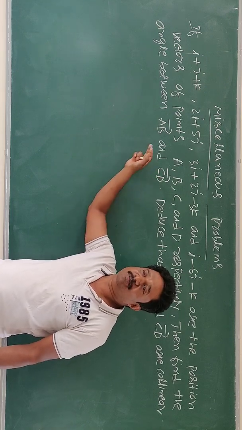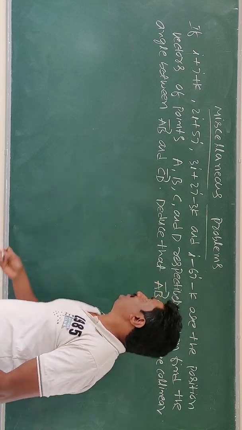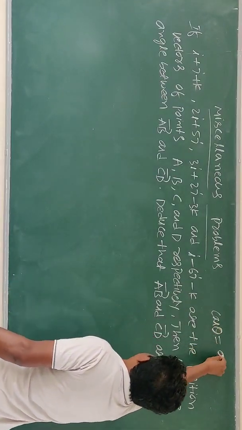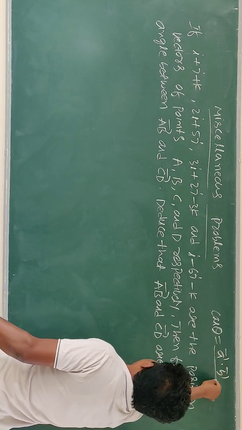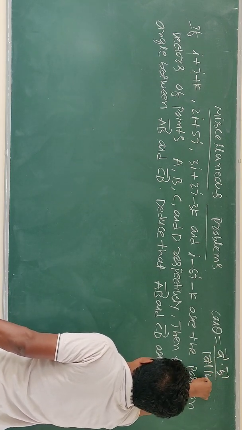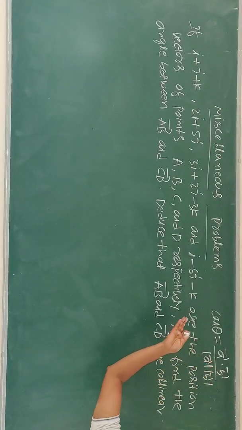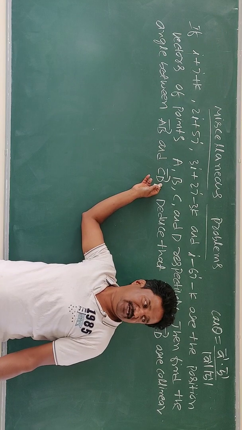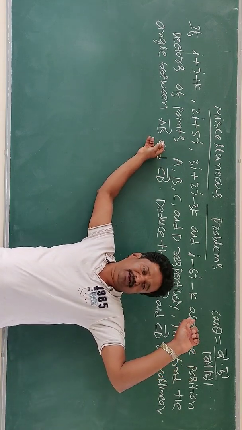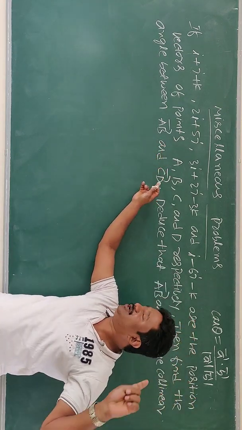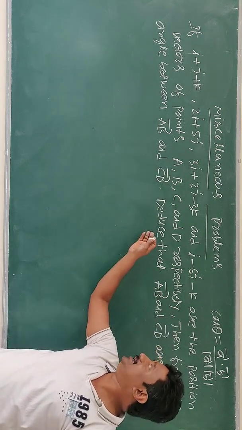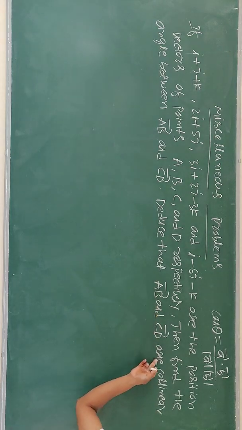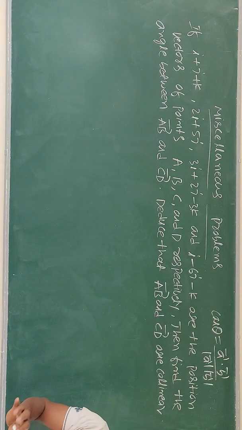Use this formula to find the angle between AB and CD. After getting the angle, you deduce that AB and CD are collinear.